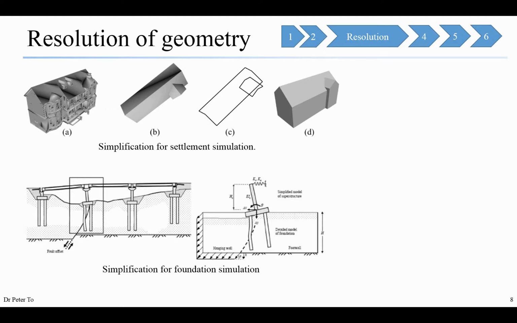Here is a graph of the computation cost, and here is the accuracy level. You can see that at some point the accuracy will not increase because we reach the limit. The finite element method only gives an approximate solution, so there is no point in going over the limit.